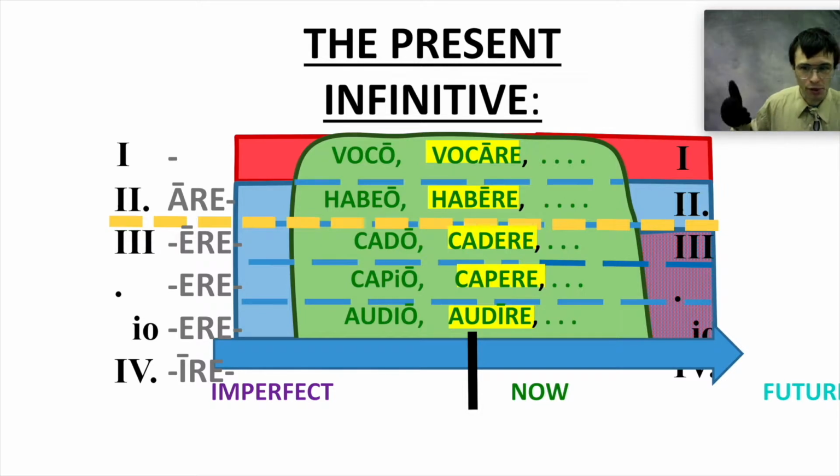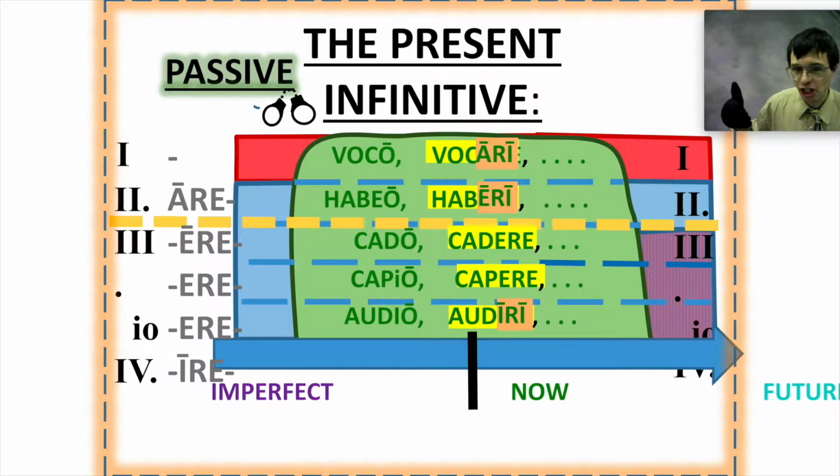Hopefully you remember you change the last E to a long I, except in third conjugation, where the whole ending becomes long I. And you might ask, well, why did it do that? Remember, because once upon a time, way back in Latin, it was short I, R, long I.